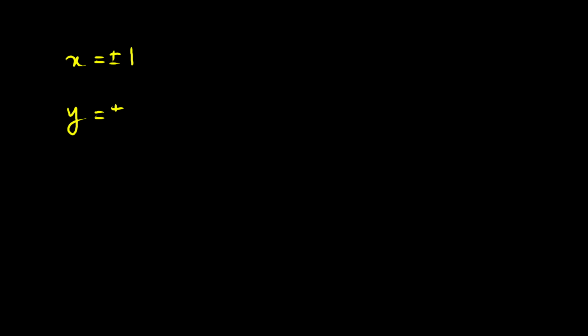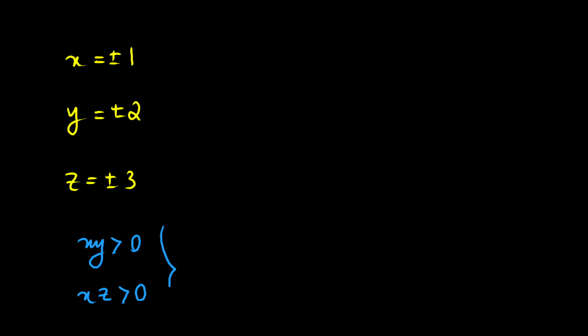So we have found that x is positive or negative 1, y is positive or negative 2, z is positive or negative 3, and we know that x times y is positive, therefore x and y have the same signs, and we know that x times z is also positive, therefore x and z have to have the same signs. And now if I put these two together, I can say that x, y, and z, all of them have the same signs.